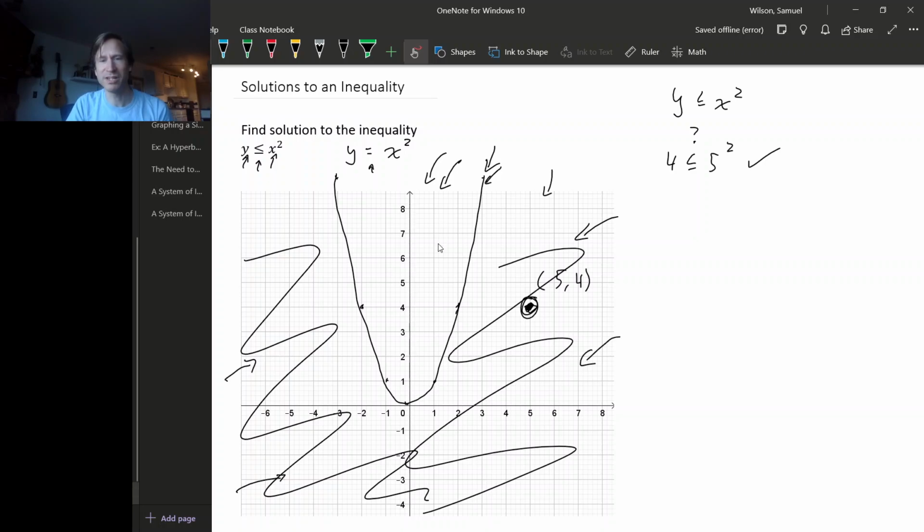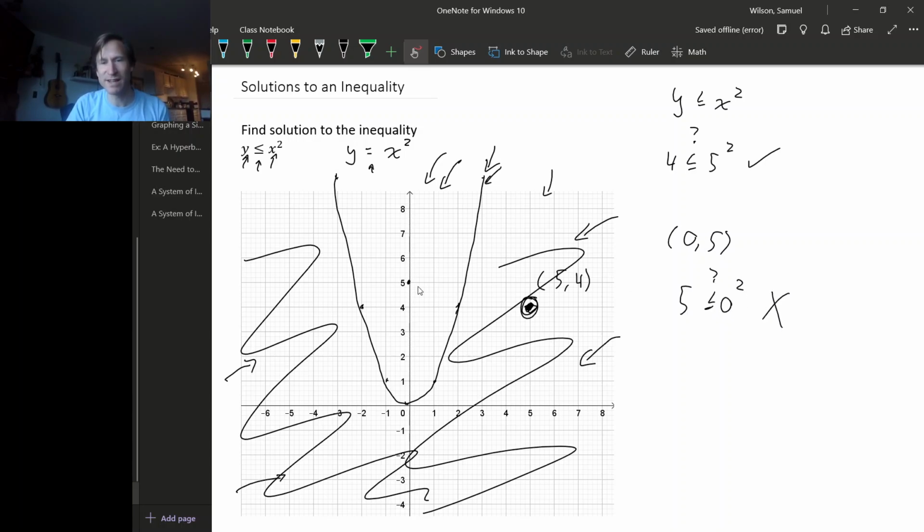Above the parabola here, it seems plausible that these points won't be solutions, but just to make sure, we could check a single point. So maybe let's check 0, 5. If we plug 0, 5 into this inequality, we get 5 less than or equal to 0 squared, and that's false.